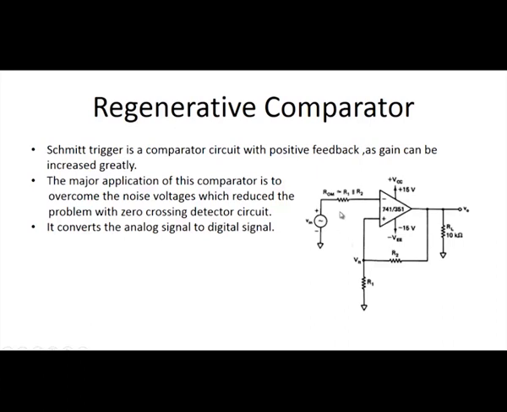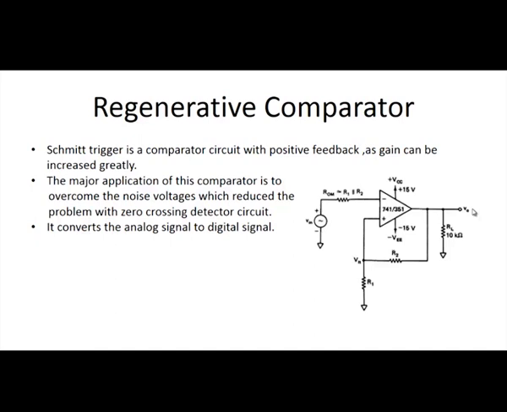We know the function of the comparator: the magnitudes of the two input voltages present at the negative and positive terminals are compared. If the input voltage at the negative terminal is higher, then the output will be negative V saturation, and if the input voltage present at the positive terminal is higher, then the output will be positive V saturation. This is the function of the comparator.